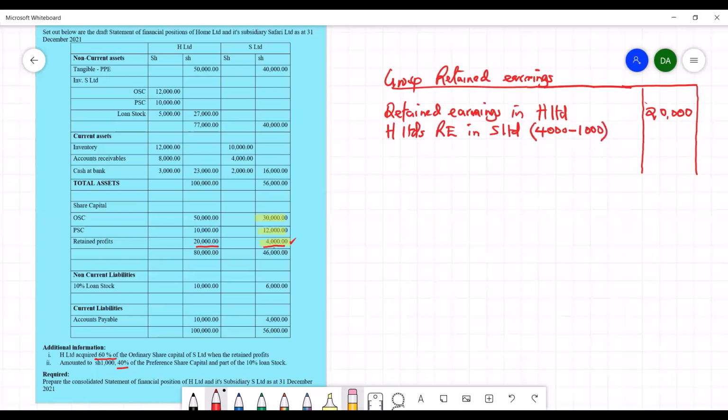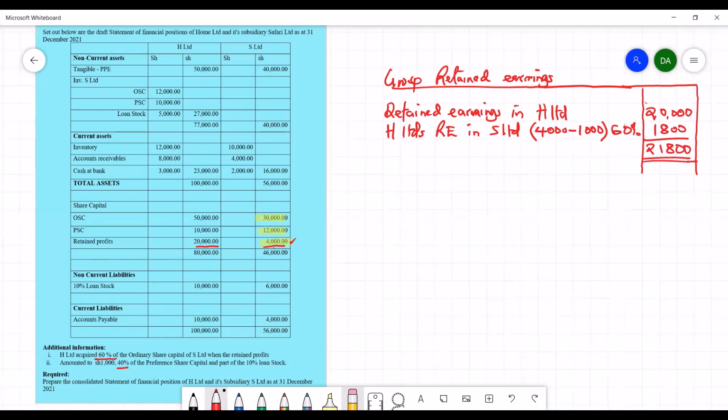Then that 3,000, which is remaining, multiplied by 60%, because only 60% of these retained earnings belong to the group. Otherwise, 40% will belong to minority. And we have seen how to determine minority interest above. So we multiply this by 60%, because that is what belongs to the group. That will be 3,000 multiplied by 60%, and that is equal to 1,800. And that is the group's retained profit, which will be equal to 21,800.